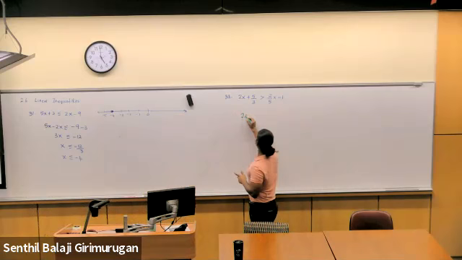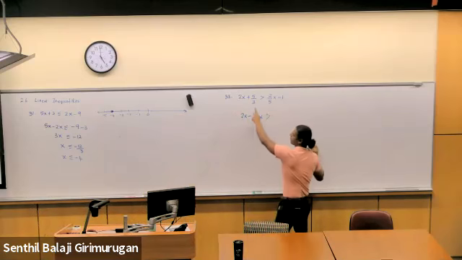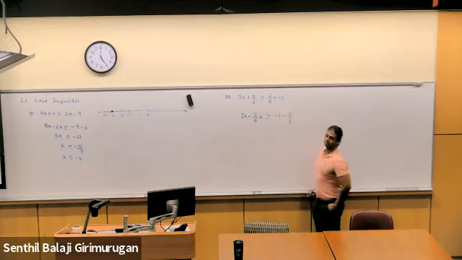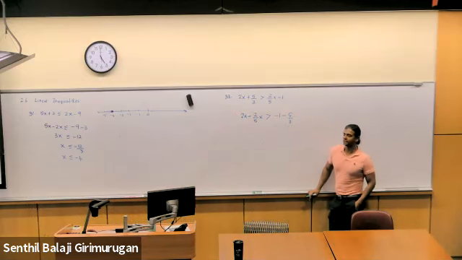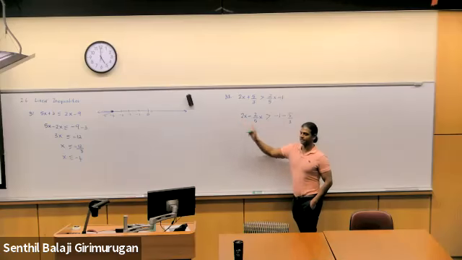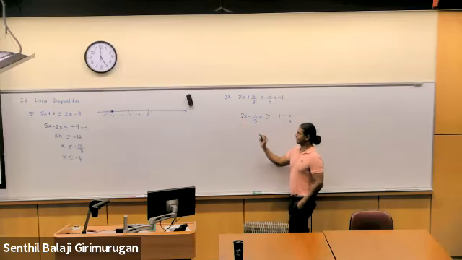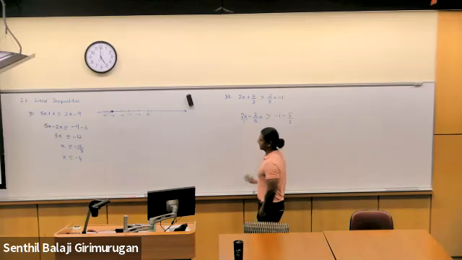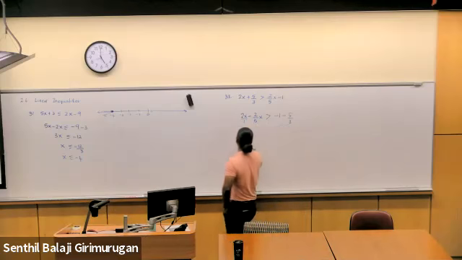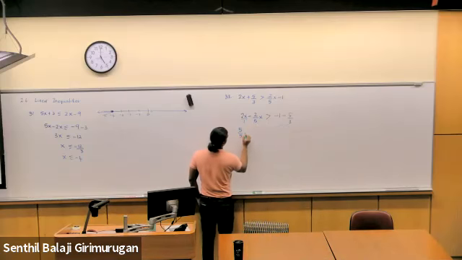2/5x, when it comes to the left, it will become -2/5x. 5/3, when it goes to the right, it will have -1, -5/3. Good. I would like to have a common denominator, which is 5. So what should we do with the first term? Multiply by 5 and divide by 5.